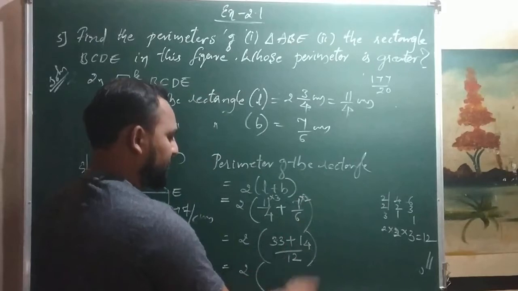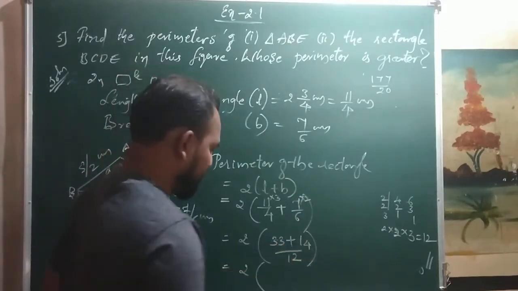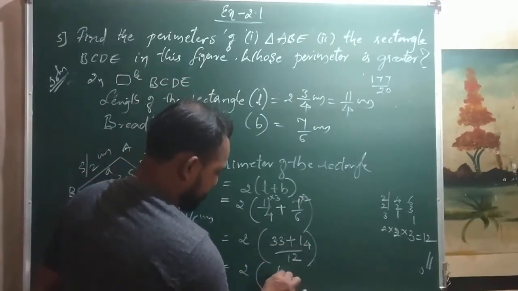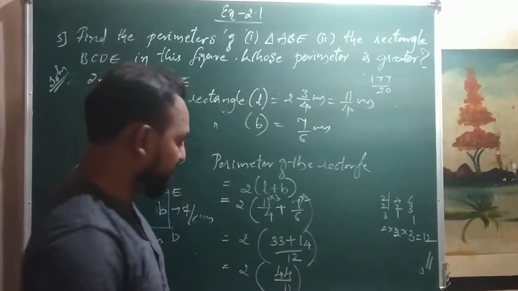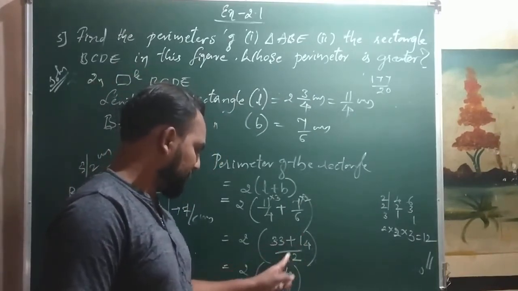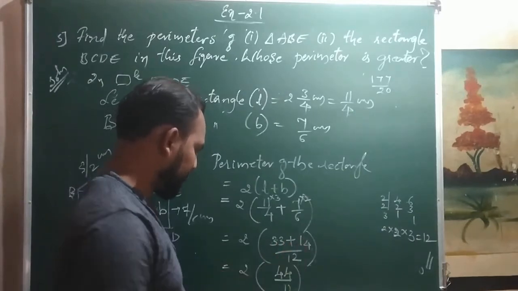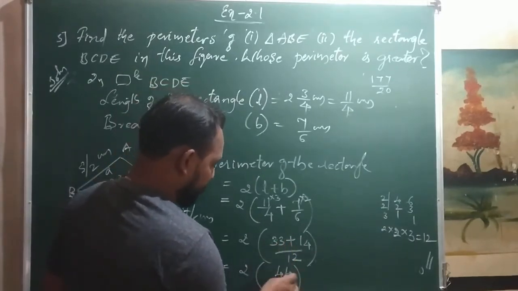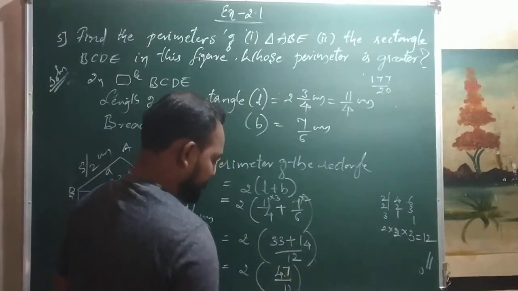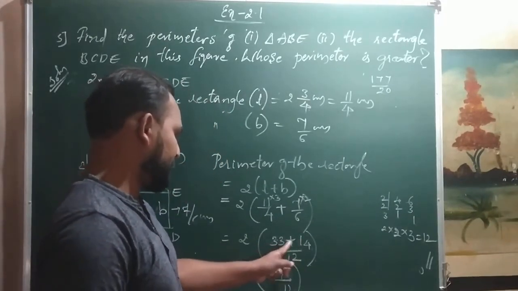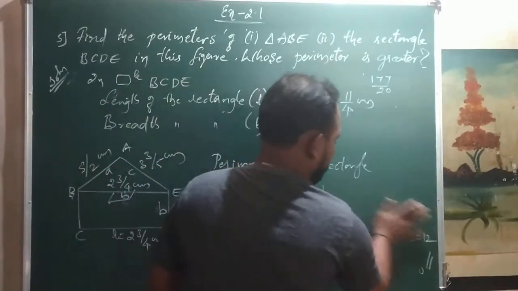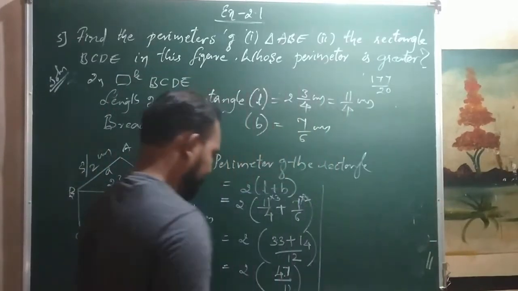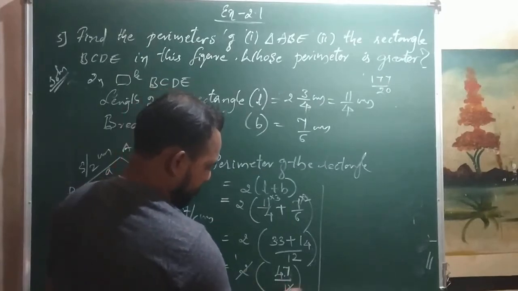33 plus 14 is 47 by 12. Here 2 ones are 2, 2 6s are 12.